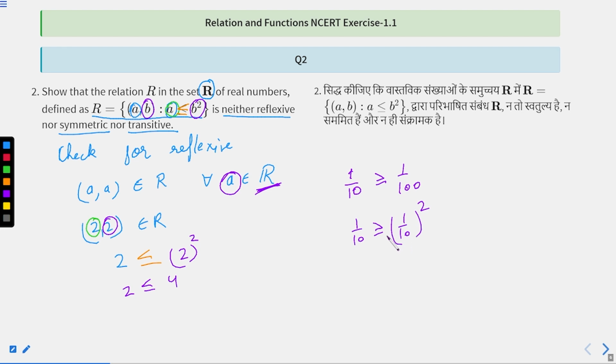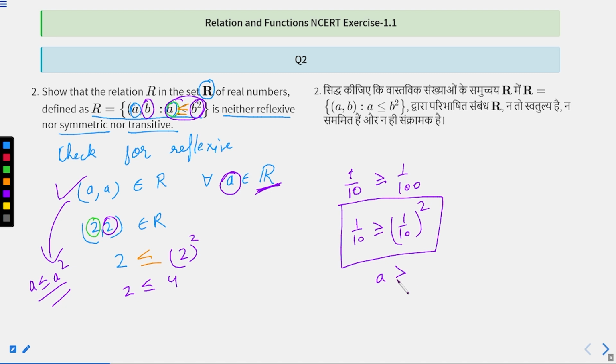Yes, it is true. But here the condition says a is less than or equal to a squared for reflexivity, while we have seen that a is greater than or equal to a squared. So I can say that (a, a) does not belong to R for every a belongs to R. Yes, as we have seen an example of it.